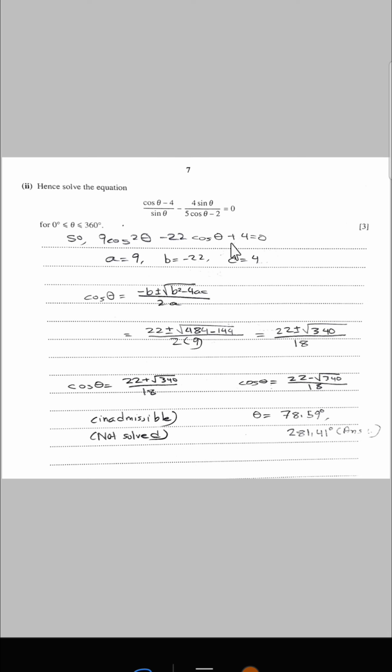The first value is not valid because there is a math error in the calculator, and the second value would be 78.59 and 281.41, correct to four significant figures, and the value of cos theta is positive in the first and the fourth quadrant. So for these two quadrants, we find two values of theta in the range between 0 to 360 degrees.